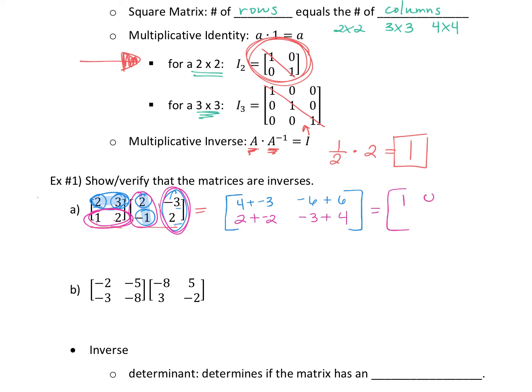Negative 6 plus 6 is 0. 2 plus negative 2 is 0. Negative 3 plus 4 is 1. Is that an identity matrix? Yes. So you just verified that these two matrices are, in fact, inverses of each other. If you multiply them together, you should get the identity matrix.